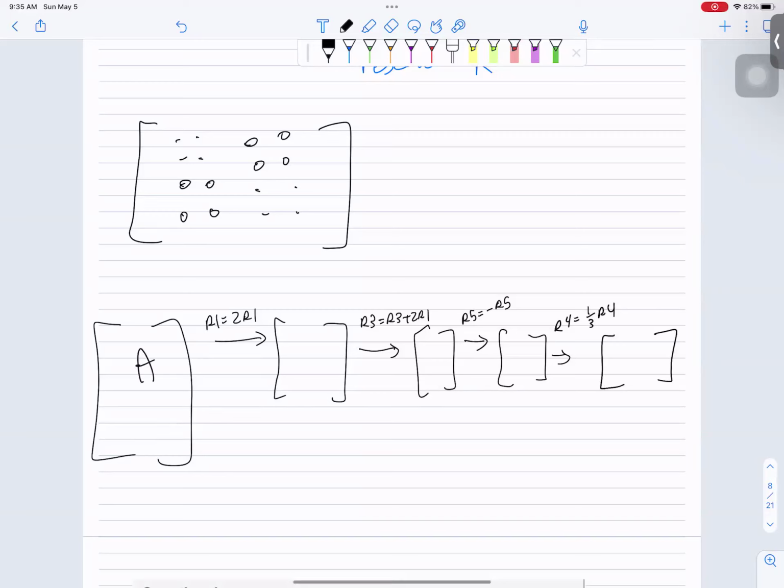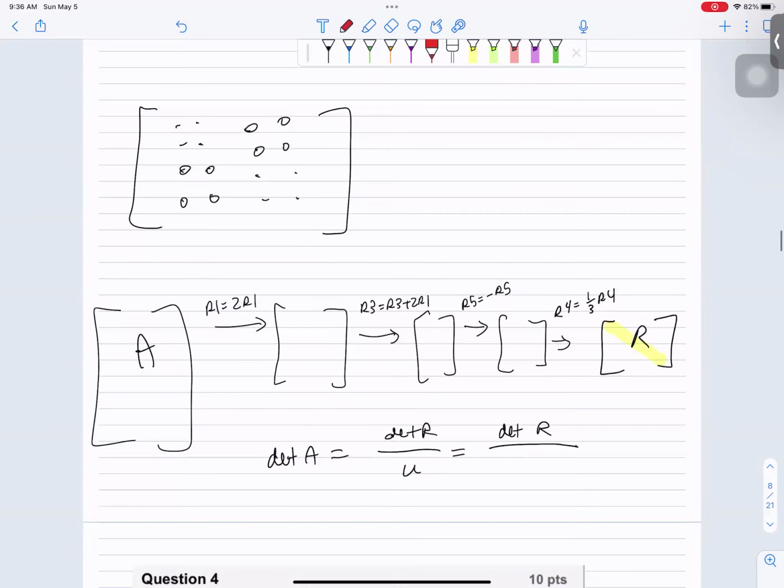Okay, so this is my matrix A, this is my matrix R. Determinant of A equals determinant of R over what row operations I did. Determinant of R should be some upper triangular, lower triangular, or diagonal matrix, because that makes the determinant easy to calculate, since it's just multiplying the diagonal terms. So I get whatever that determinant is. What row operations did I do?